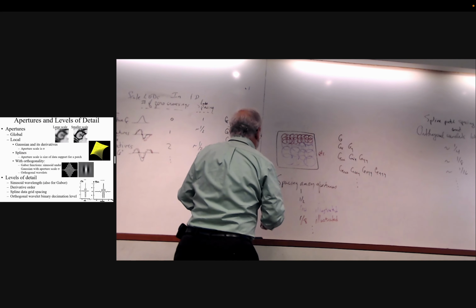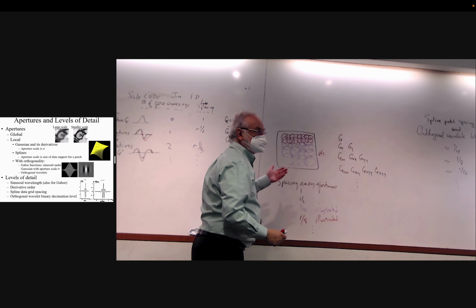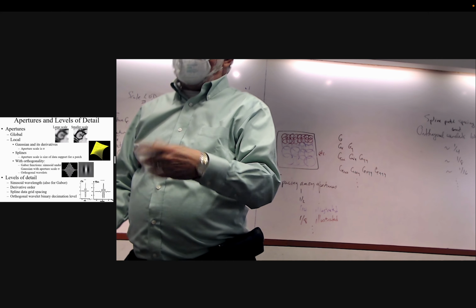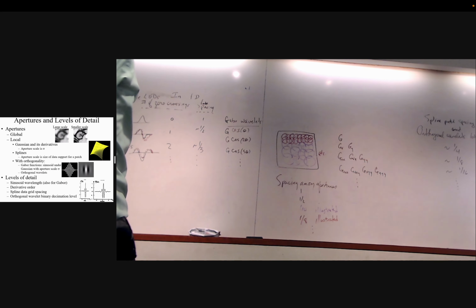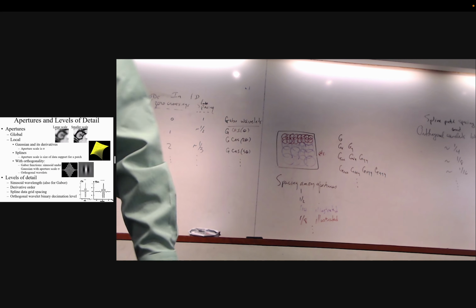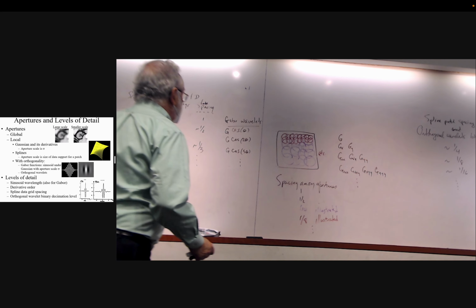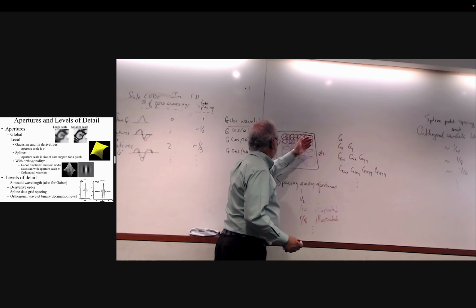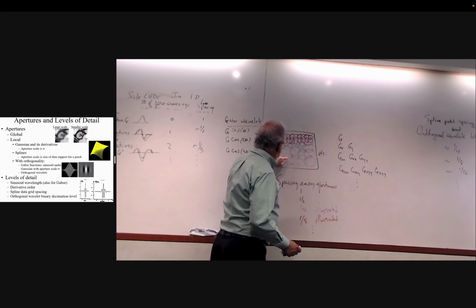But I suggested earlier that we might want smaller apertures to measure smaller features in the image. And so we're going to need to sample those, for example, twice as densely as here.